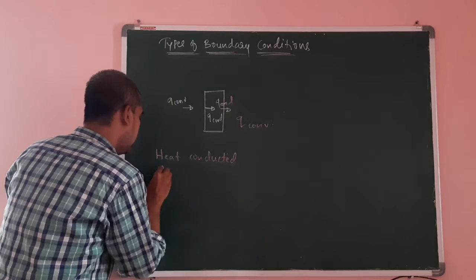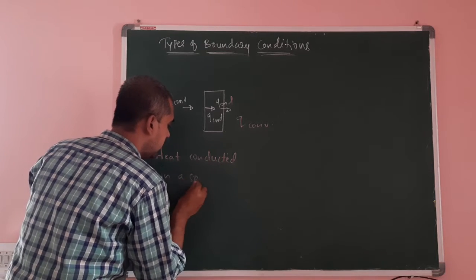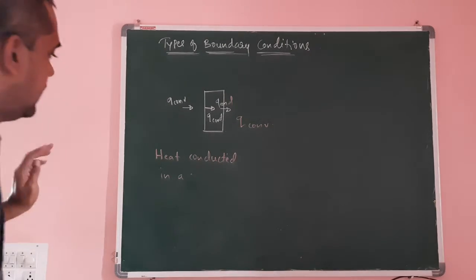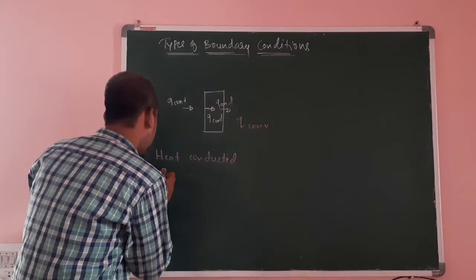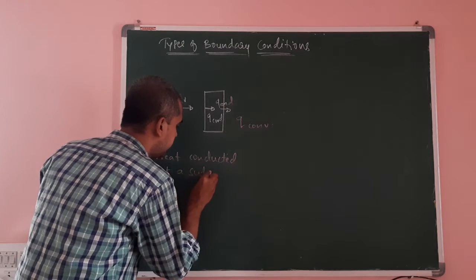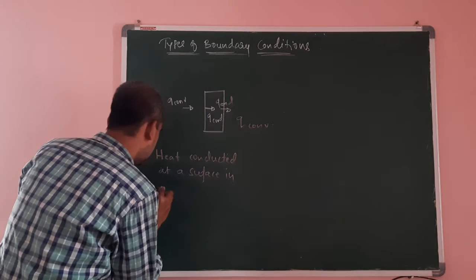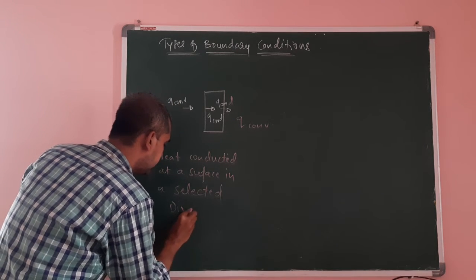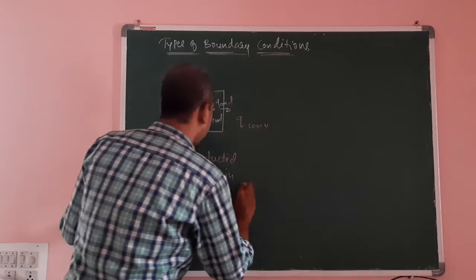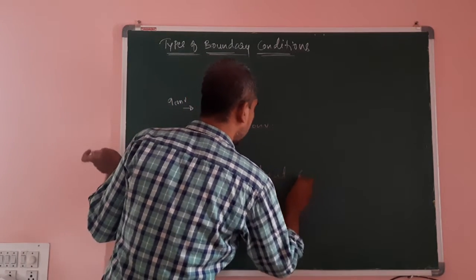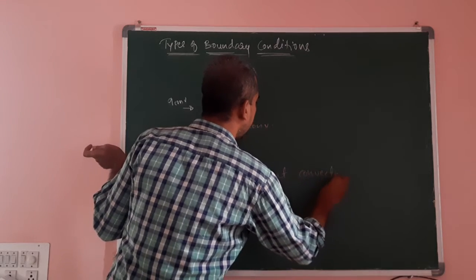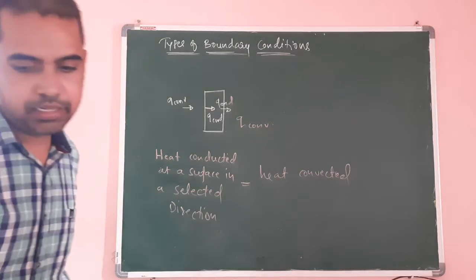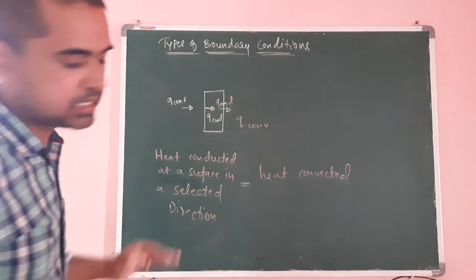in a specified direction, or we can write, at a surface in a selected direction, heat conducted at a surface in a selected direction is equal to heat convected at the surface in the same direction.